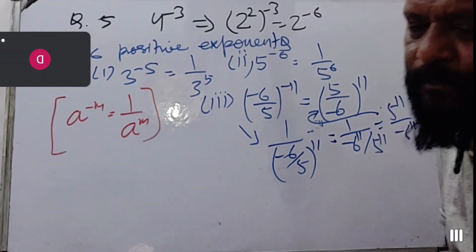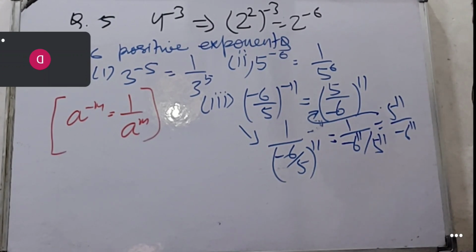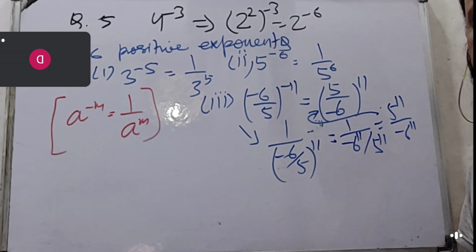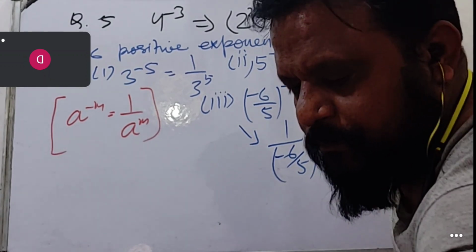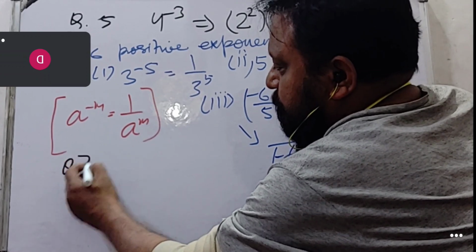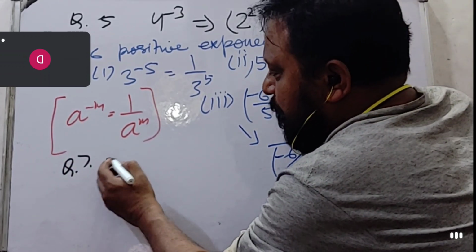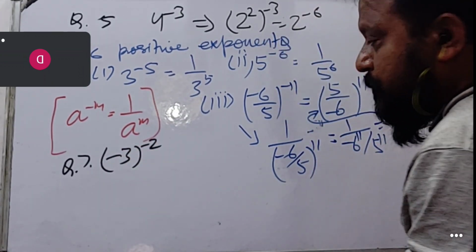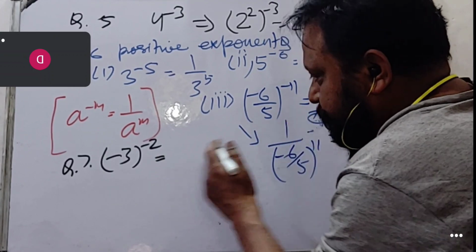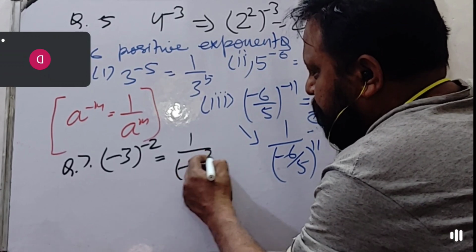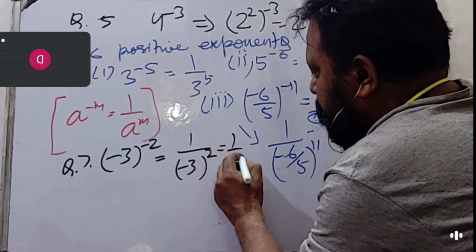Leave it. Now come to question number 7, right? Question number 7 is, minus 3 whole raised to the power minus 2 means 1 upon minus 3 raised to the power 2, it becomes 1 upon 9.